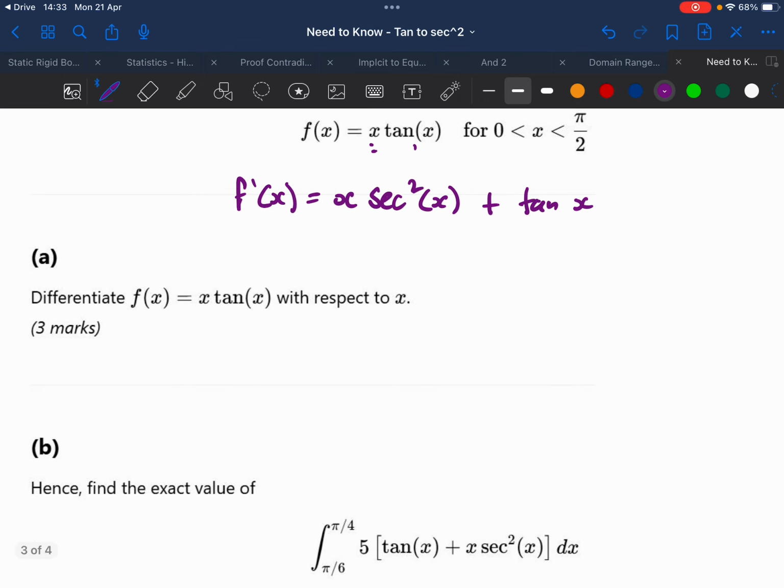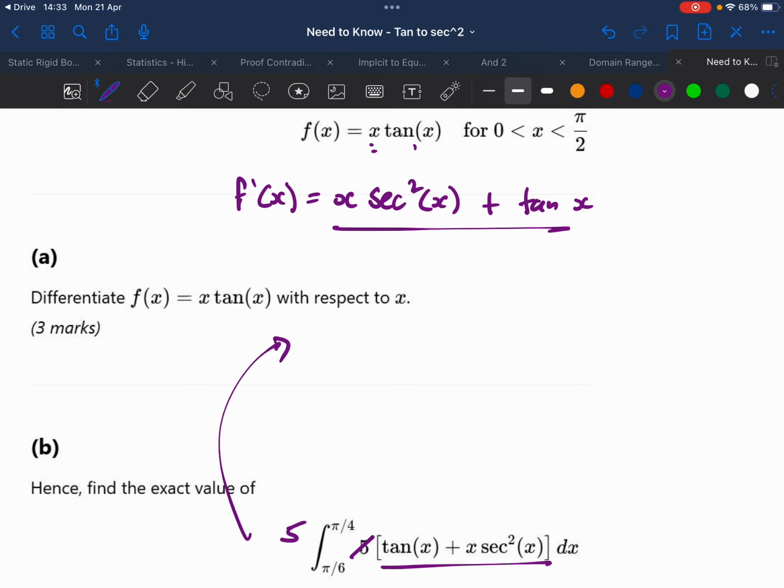And now we've done that, we're supposed to find the value of this thing over here. Well, the 5 can just be taken out to the front. So what do we notice now? Hopefully we can see that we have the same expression.